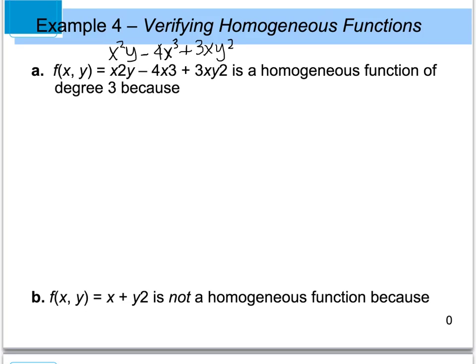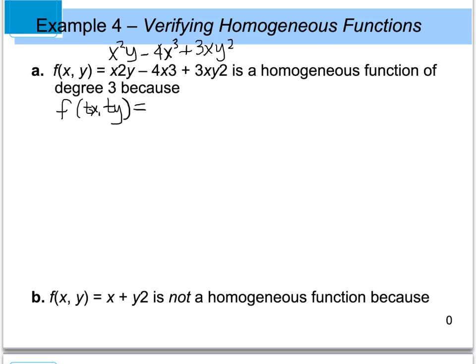So we want to take this function and prove that it's a third degree homogeneous function. To do that, we're going to take our function f and evaluate it at tx, ty. So I'm going to go through and replace every x with a tx and every y with a ty.